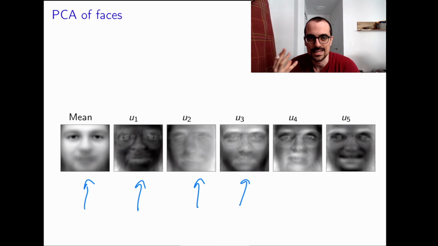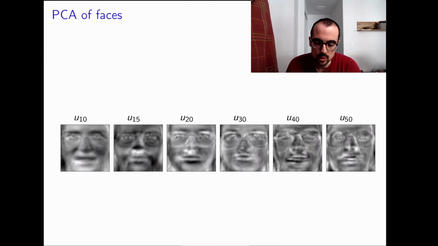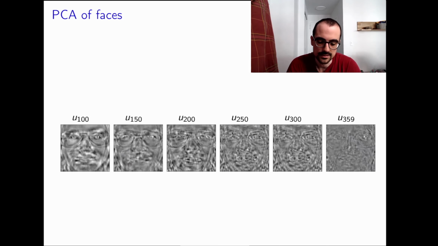And those are in every image. So you have a lot of variance along those directions. As you go to higher and higher principal directions, you start seeing more fine scale details, until you get very, very fine scale details here. What I want to point out is there's less variance in these directions, but still there's important information here.